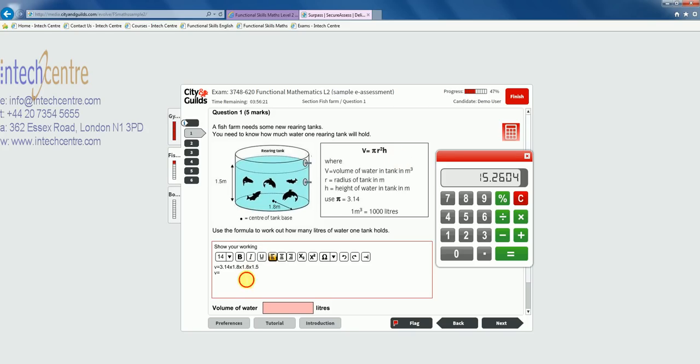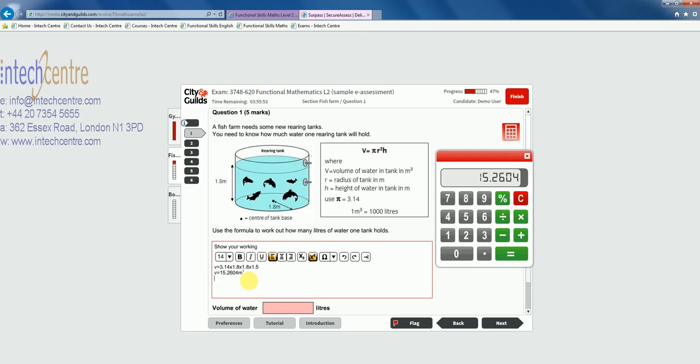However, it still gives us the same value because they are all linked by multiplication. So this gives us a value of 15.2604, and that's meters cubed. So we have a function for cubed. There we go. So you just click on this and then write 3. So this gives us the volume in meters cubed.